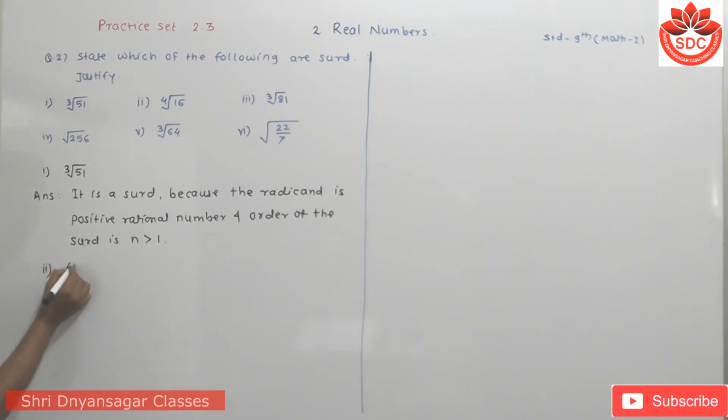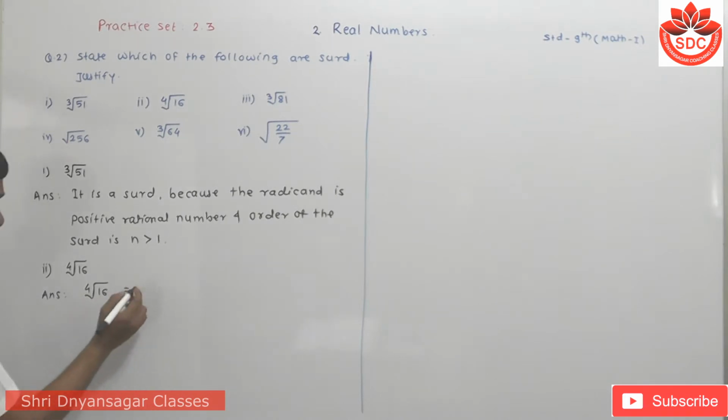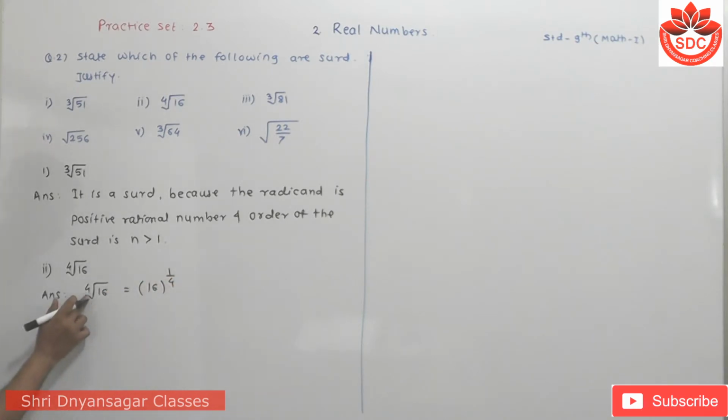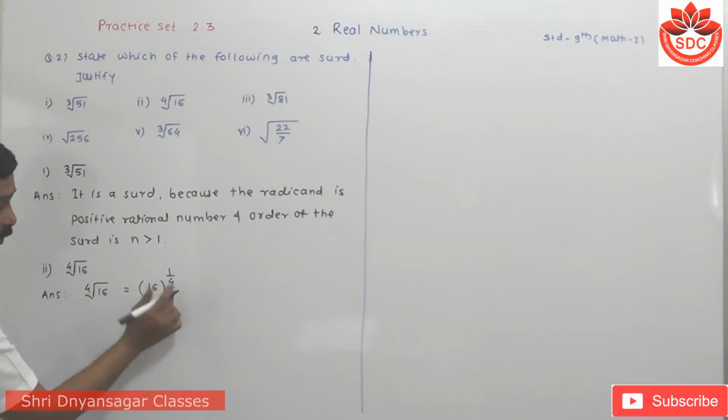Second, the 4th root of 16. Okay students, we have to solve this question here. The 4th root of 16 is equal to 16 written as 2 raised to 4, and the order 4th root we write as power 1 upon 4.